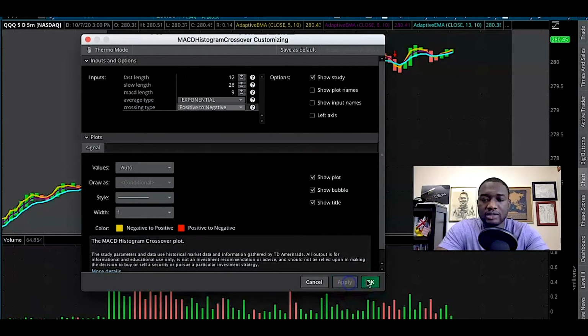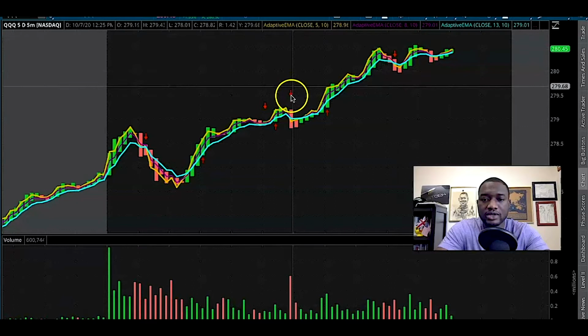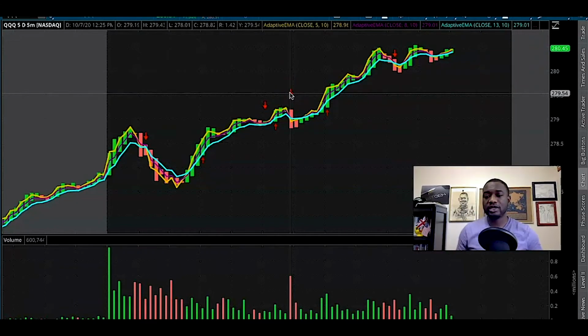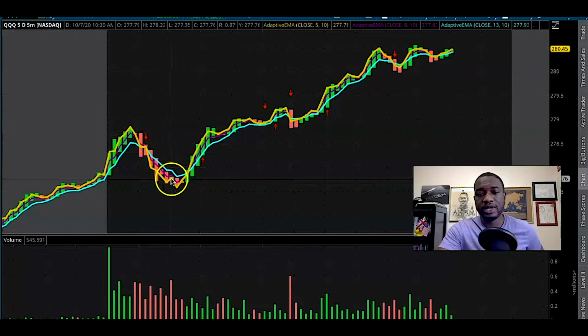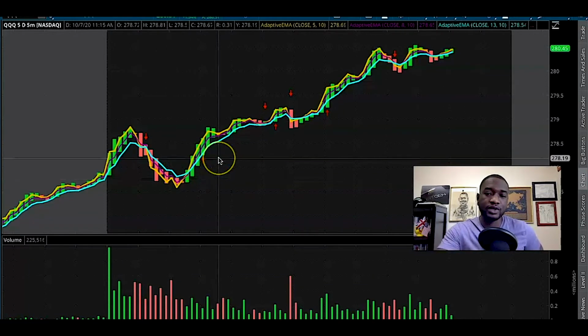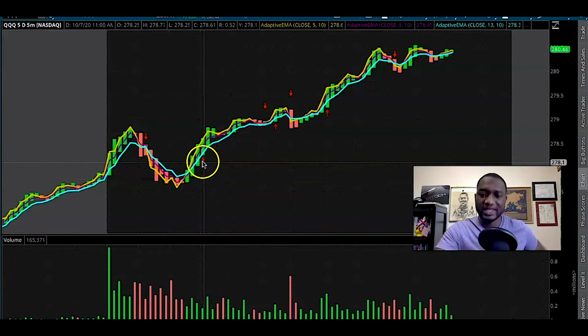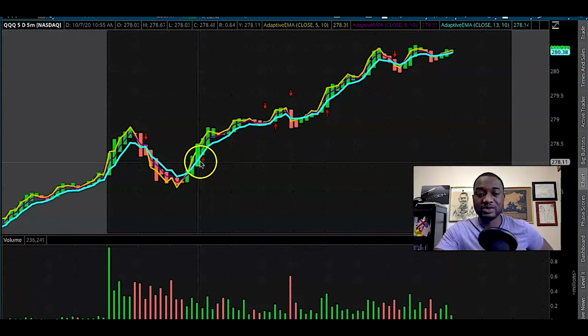Let's apply it and click OK. We want to make the top one red because it's signaling from the top. Usually when it's signaling from the top, like right here, it will signal a put. That means you should probably bet that the stock is going down. Not investment advice, but most likely that's what I'm saying.